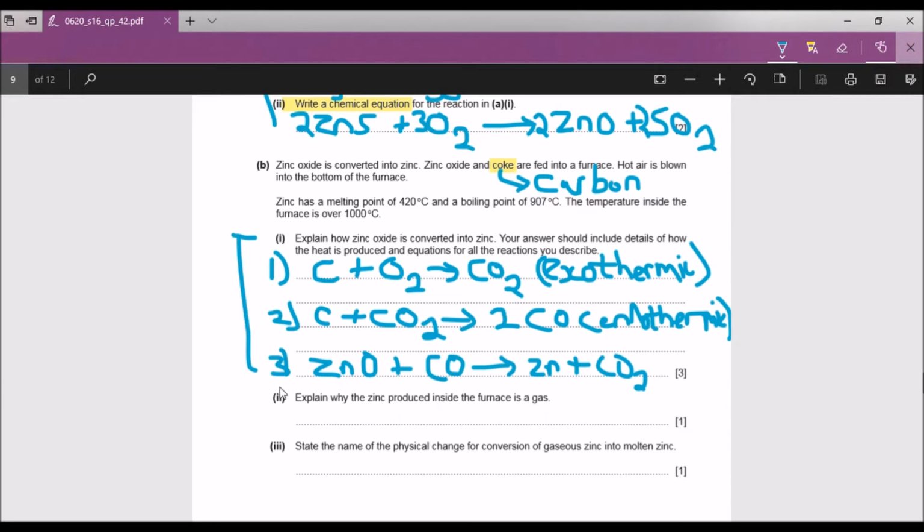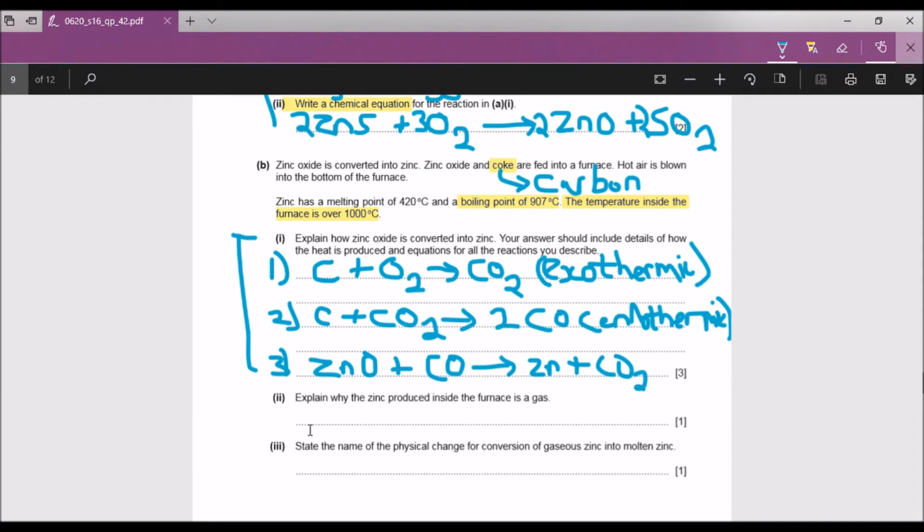So the next question says, explain why the zinc produced inside the furnace is a gas. Well, that's because the boiling point is 907, as it says in the question, and the temperature inside the furnace is over 1000 degrees.